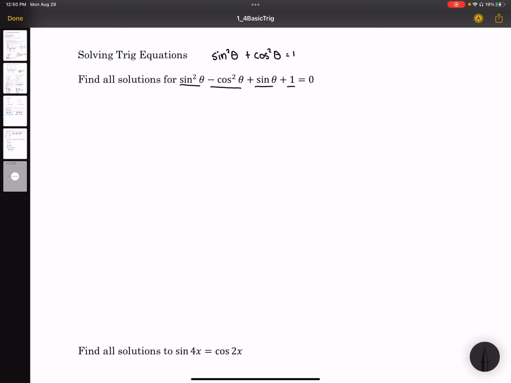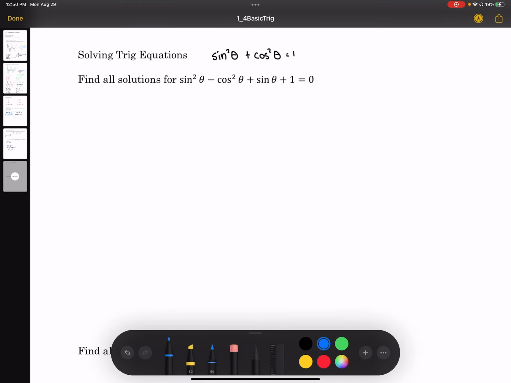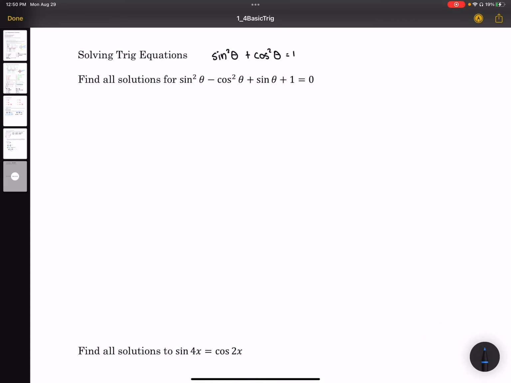So it's very helpful that we have 2 sine terms and 1 cosine term. What that tells me is that we should use this identity to replace cosine in terms of sine. So if we solve this identity for cosine squared, we get cosine squared theta is equal to 1 minus sine squared theta.